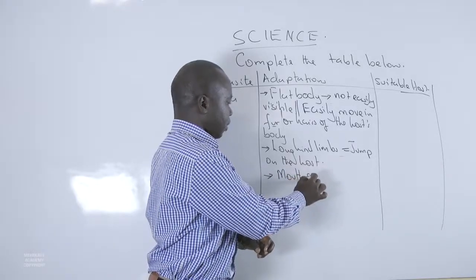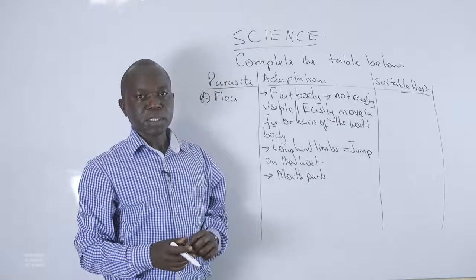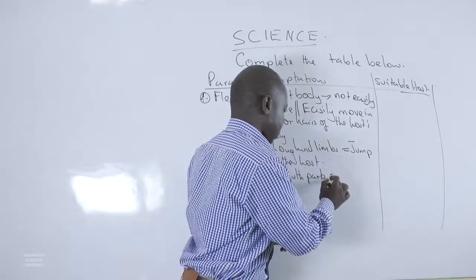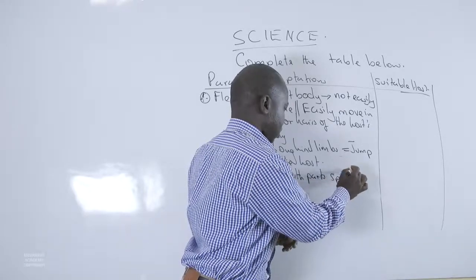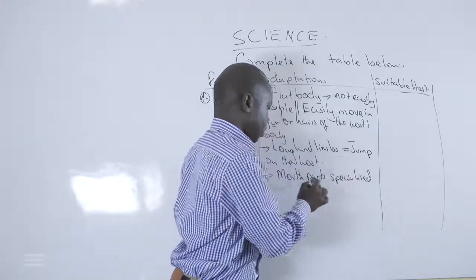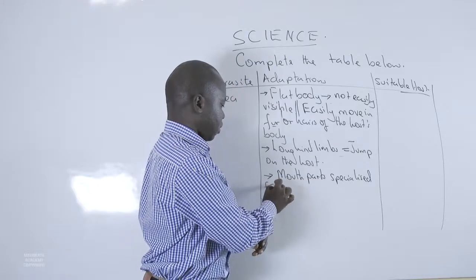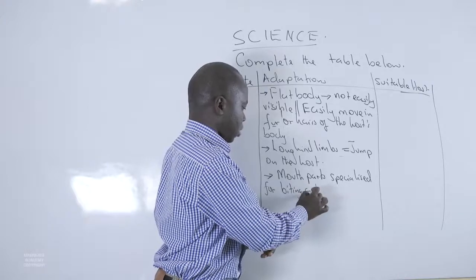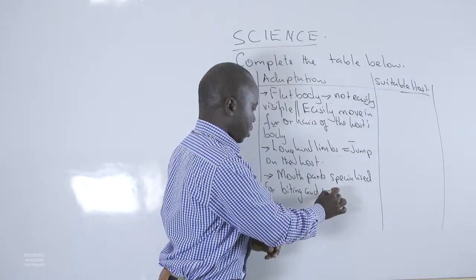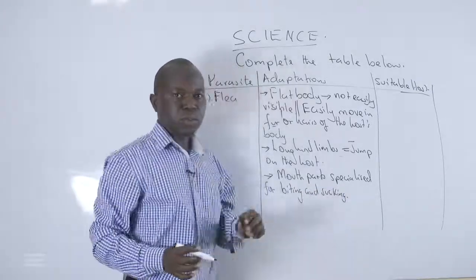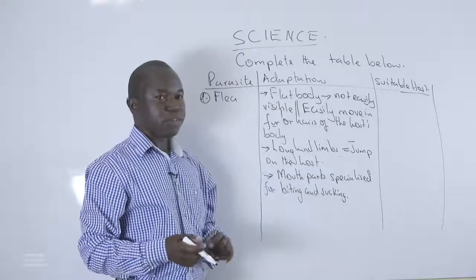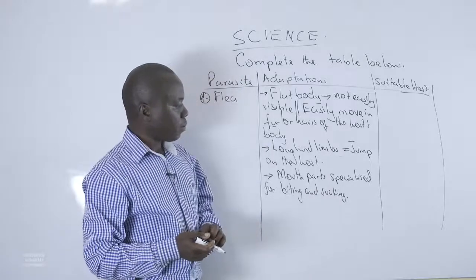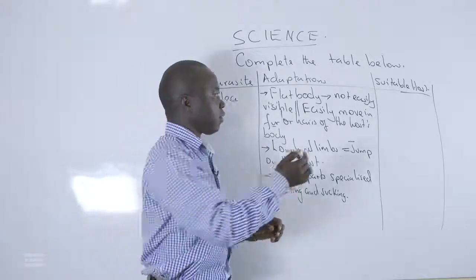It has mouth parts that are specialized for biting and sucking. So it is going to bite and suck blood from the host, and in the process obtain the nutrients that it needs.